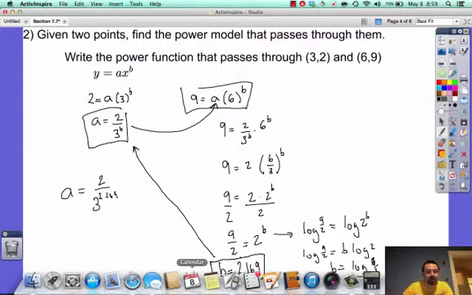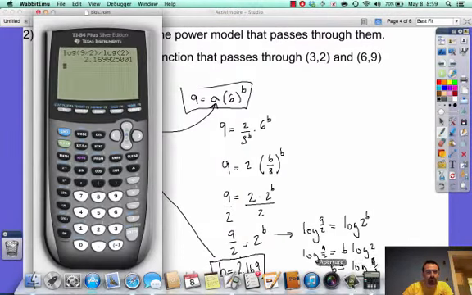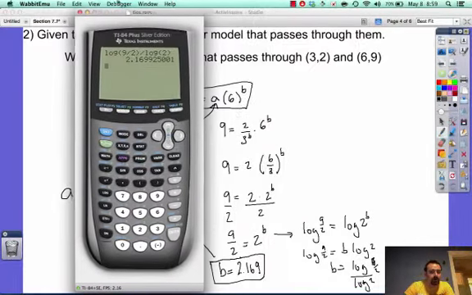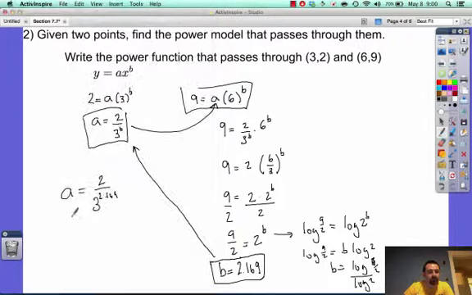And again, I have to go back to the calculator. So I'm raising 3 to that power. So 2 divided by, put some parentheses in here, 3 to that number. So a is 0.184.